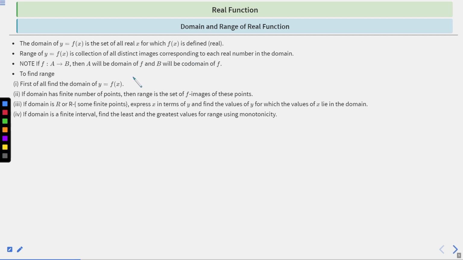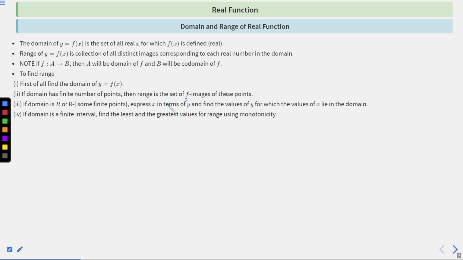To find the range, first of all find the domain of y = f(x). After that, if the domain has a finite number of points, then the range is the set of f images of these points. The images of these points is called the range.